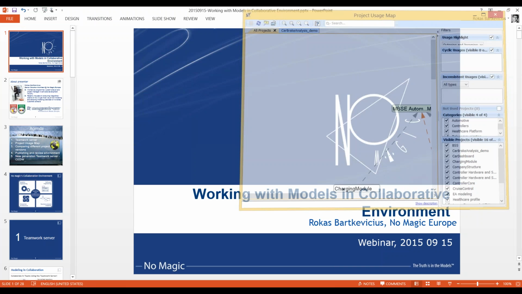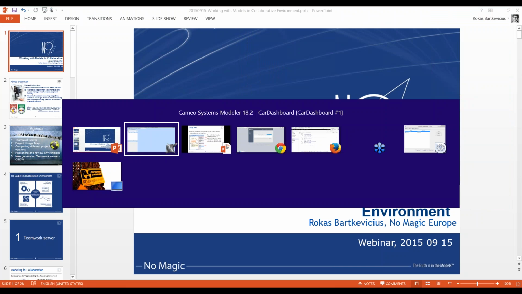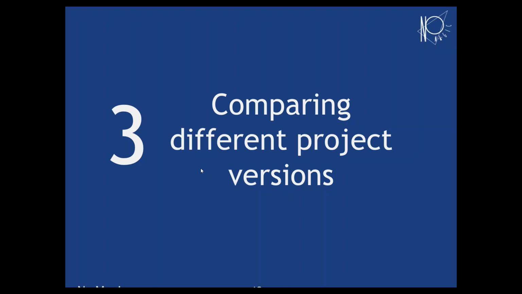Okay, let me switch off this one, and let's go to the next step, which is quite interesting. As I said, working with our clients, we always get asked how to see the delta version of a project. For that case, we already had the compare functionality, but the visual compare was not so efficient actually.